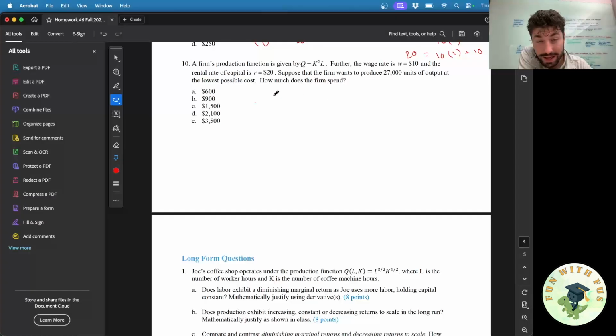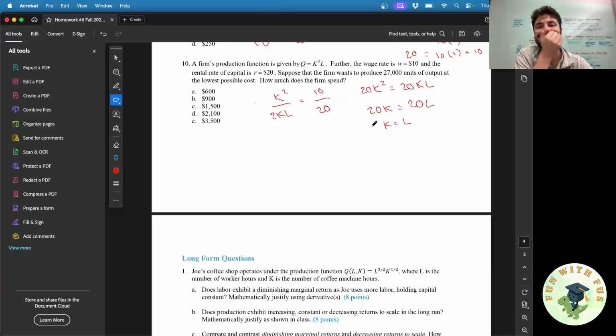So MPL is K squared over 2KL, which is equal to the wage, 10 over 20. So I would get 20K squared equals 20KL. Then I can divide both sides by K, so I get 20K equals 20L. Whoa, that just means K equals L.